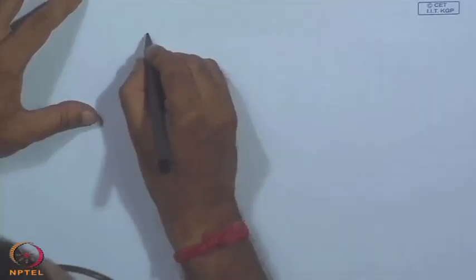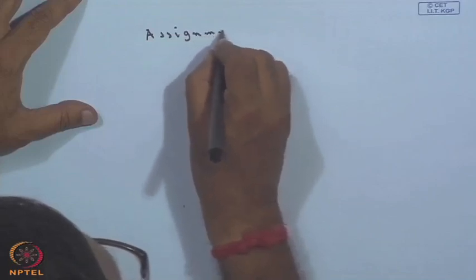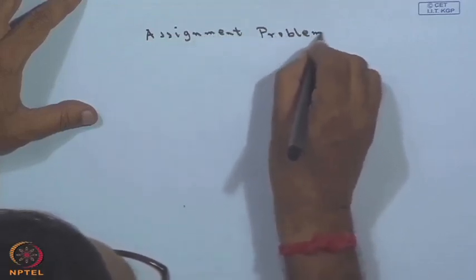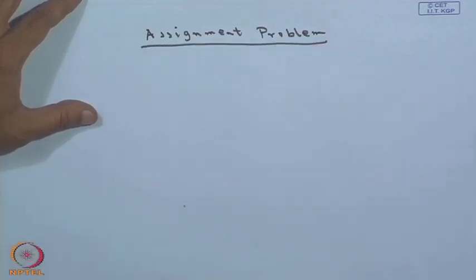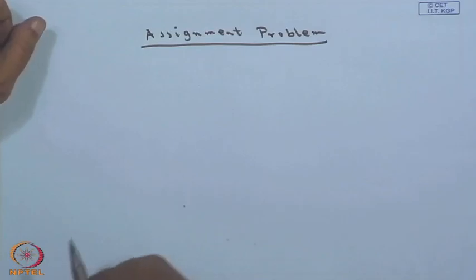Now, let us come to the other problem which we call assignment problems. An assignment problem is basically a special case of LPP, and in particular, it is a special case of the transportation problem. Think about a situation where n workers and n jobs are there.